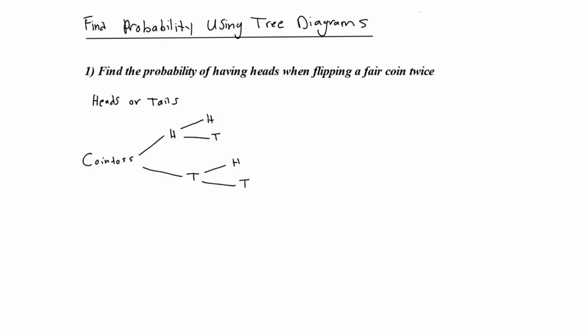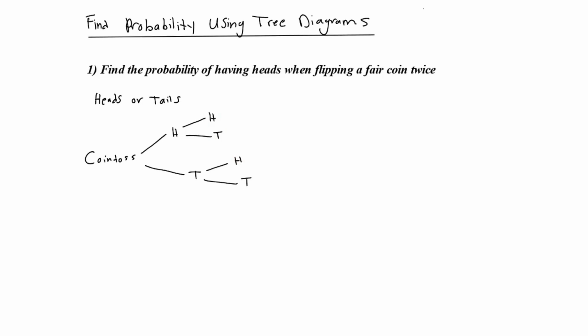Now from this tree diagram, we can create a sample space. Our sample space has all of the possible combinations that we can get from this. So we can have head and head, right? That can happen. Our next option can be head and tail.